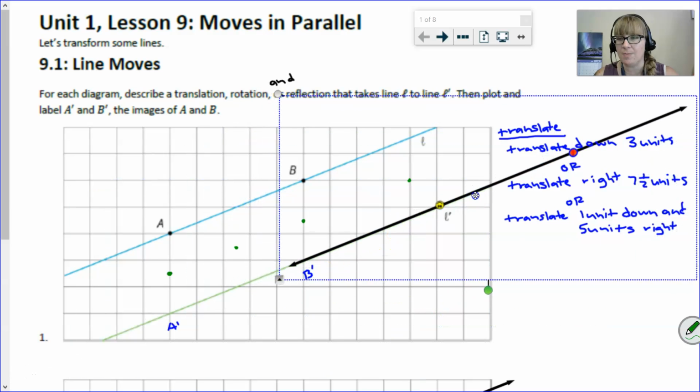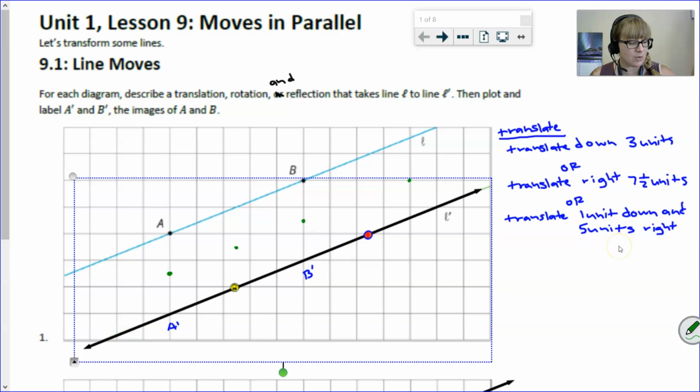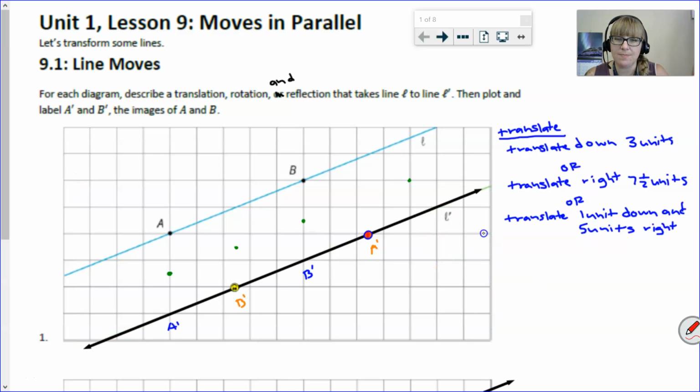Maybe here, maybe up here, but that doesn't matter because it is a line. And so I would like to point out, depending on where you rotated, this would be your point B prime, and this would be your point A prime. So let's describe that. That is a rotation.